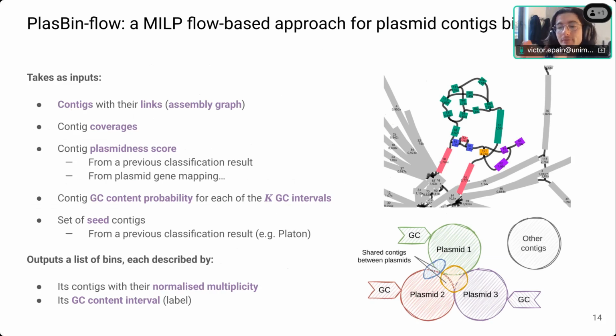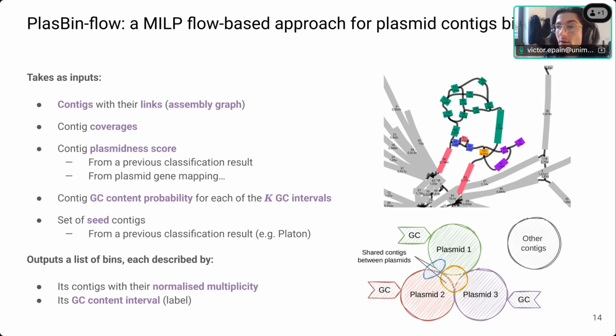So they cut the GC content ratio into different intervals of GC content, K intervals. And for each of these intervals, each contig is associated with the probability to belong to this GC content interval. Then you have a set of seed contigs.